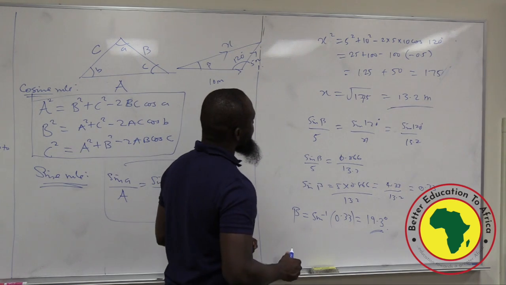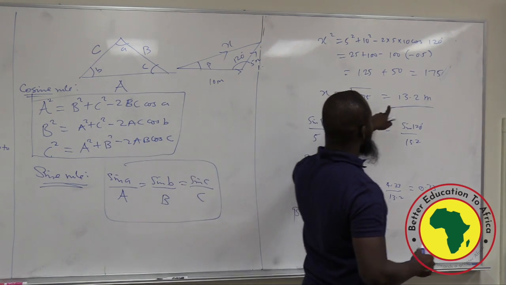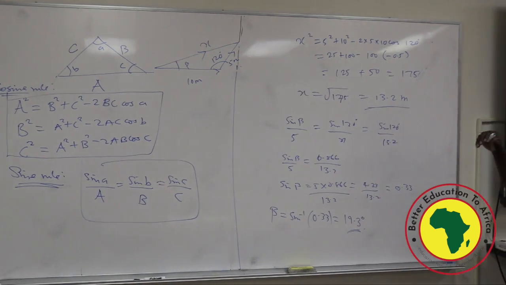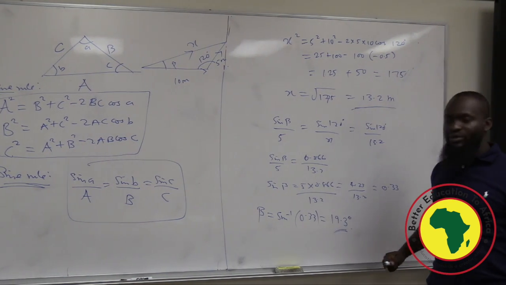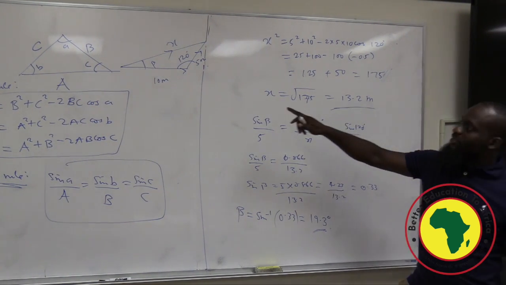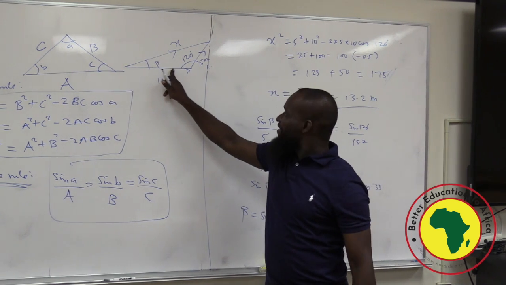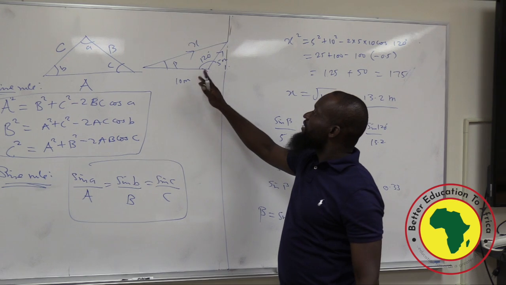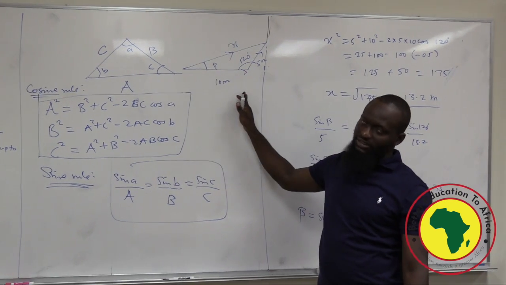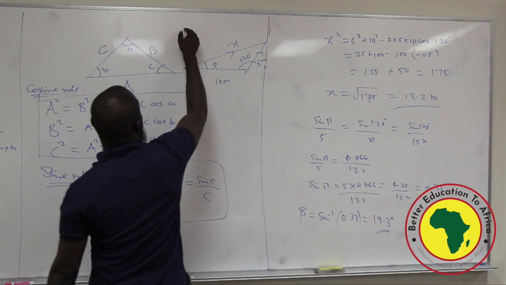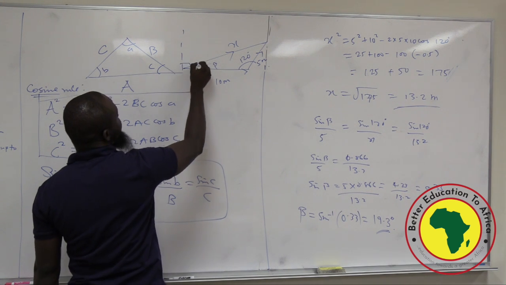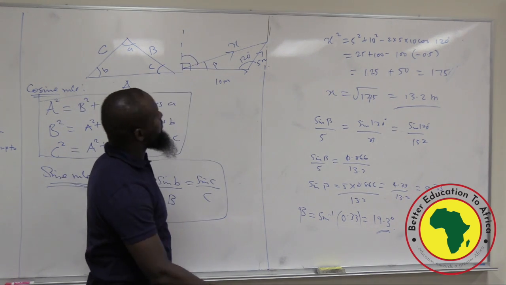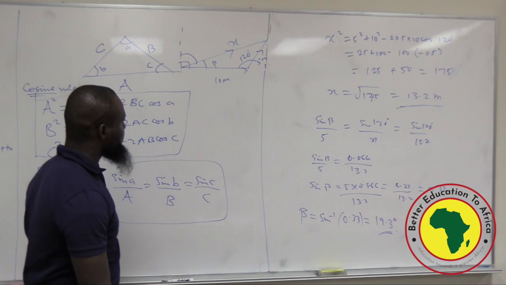Now, my net displacement is 13.2 meters at an angle of 19.3 degrees to the positive x-axis, or positive horizontal, or 19.3 degrees north of east. Or you can decide to calculate 90 minus that to get the angle west of north. Your choice.